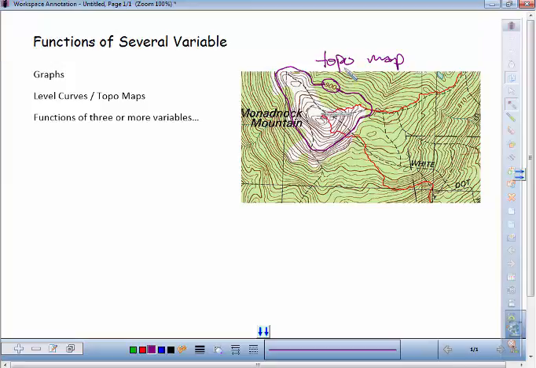And what that does is it tells you that at a height of 900 feet, let's say this is in feet, you can walk around this mountain on this path and your elevation won't change.